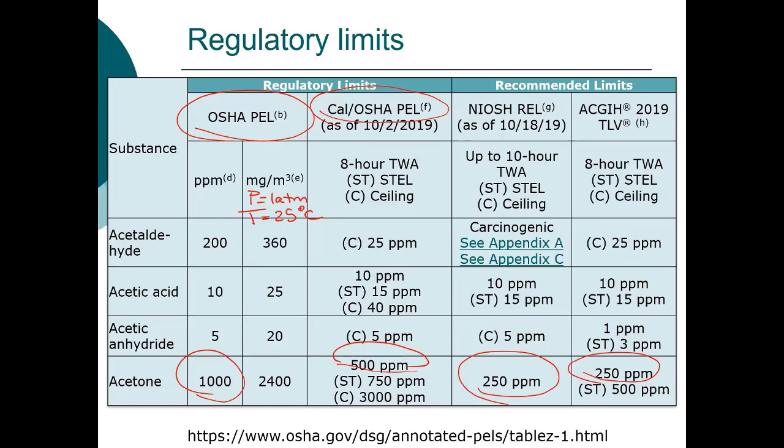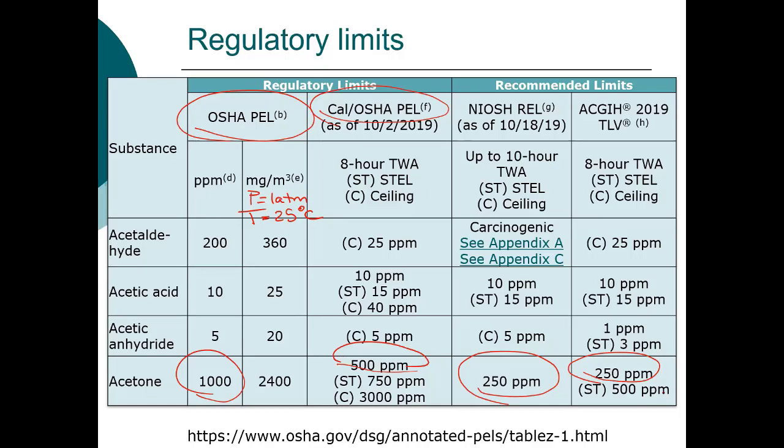Companies can adapt the NIOSH RELs. They can adapt the ACGIH TLVs. They're not mandated to do it, but they can. And ACGIH has developed these because they felt that the federal limits were not sufficiently protective of human health.